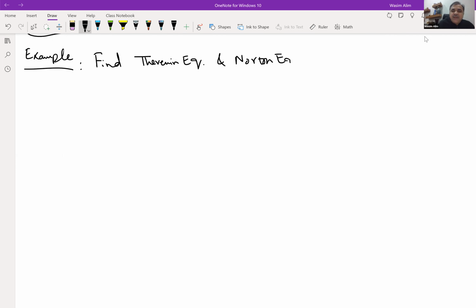So this time we need to find both. And once you find one of them, you can use source transformation to convert it to the other. So they are interchangeable between the two. And it is saying find the Thevenin equivalent and Norton equivalent circuits seen by the load. Okay, so once you see the circuit, you'll see what it means.